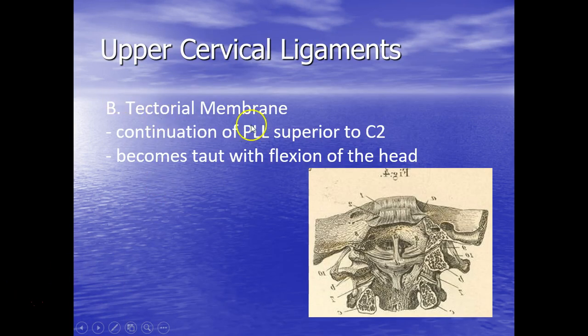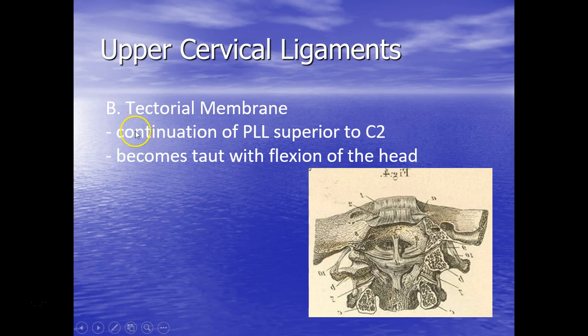The tectorial membrane is a specialized ligament in the upper cervical region. We mentioned previously, when we looked at the posterior longitudinal ligament, which runs along and attaches to the posterior surface of vertebral bodies within the vertebral canal, that the PLL is considered to end at the C2 vertebral body.